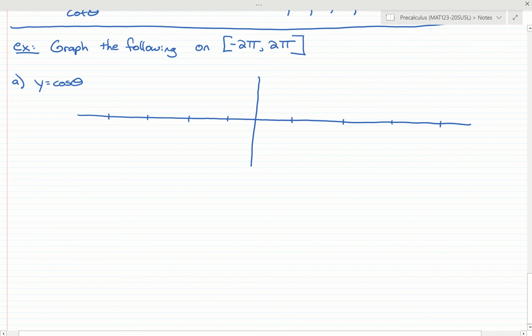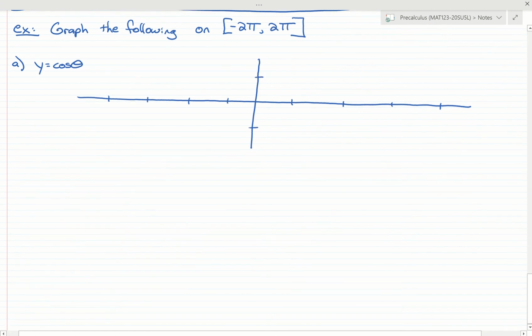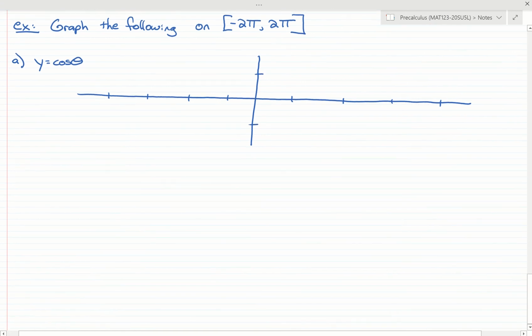Now it's going to be a little unnatural at first for you because degrees come a little bit more naturally, but we've talked a lot about radians using the unit circle, so let's see how well you could do with this. Now at 0 radians, 90 degrees is pi over 2 radians, 180 is pi radians, 270, if you remember, was 3 pi over 2, and 360 degrees was 4 pi over 2.